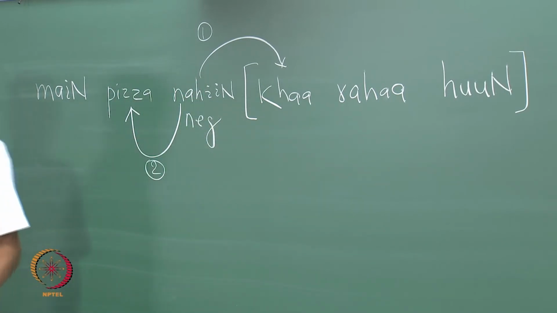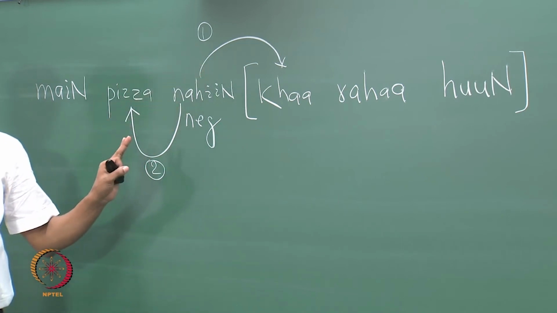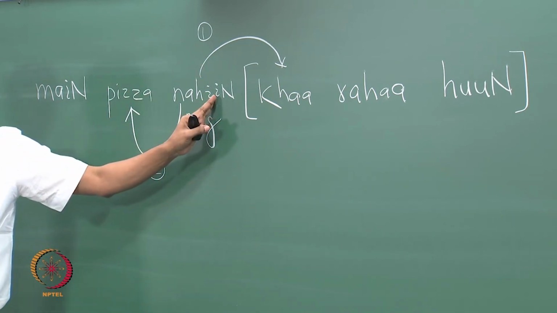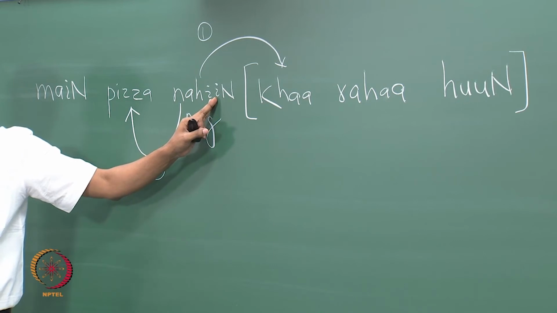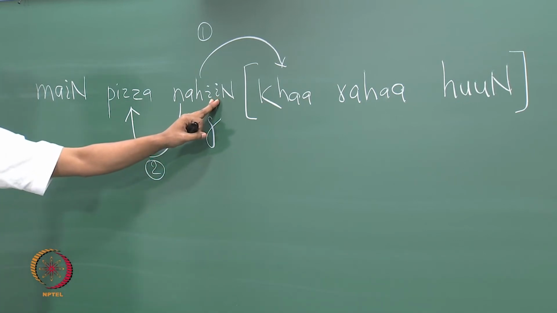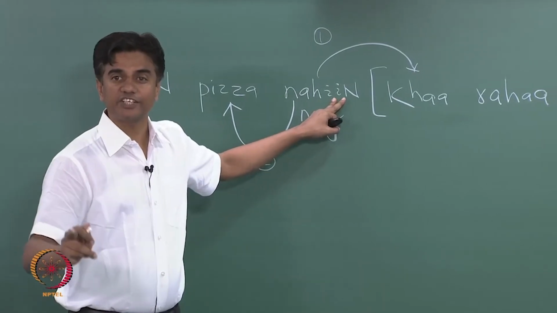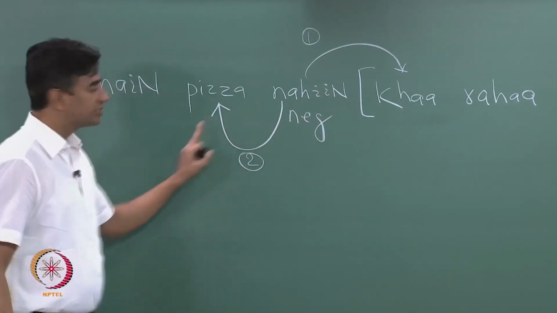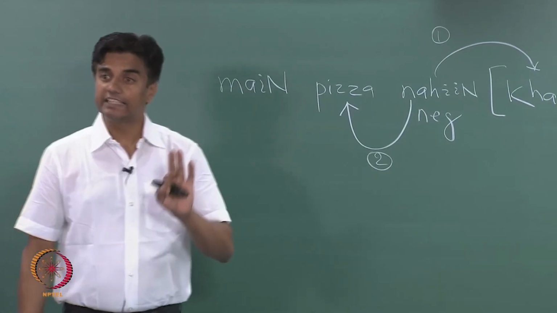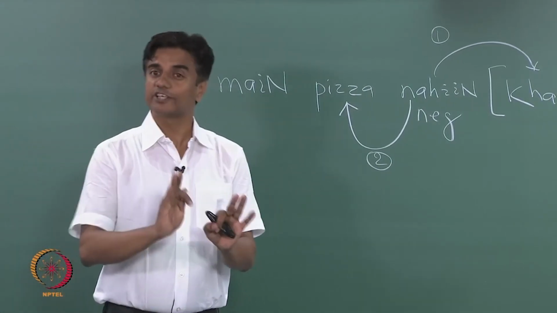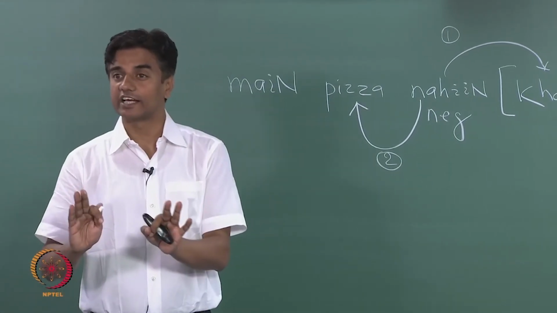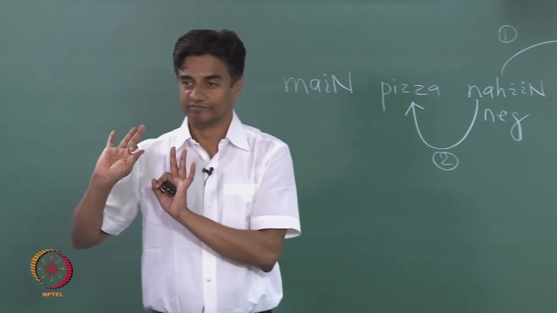Okay? So, I wanted you to see this fun part because when negation is not a verbal negation, okay, when the negation is not a sentential negation, rather it is a constituent negation, in that case, whether it is a functional category or a lexical category is a different matter for discussion.